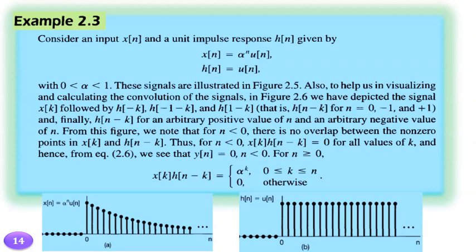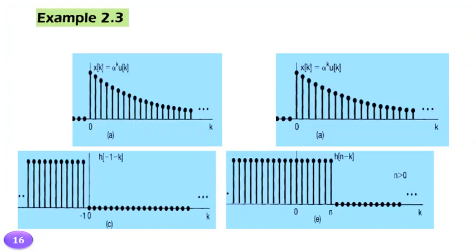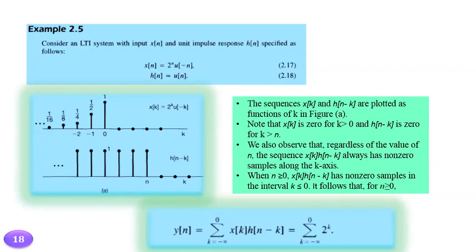I recommend you focus on the normal method of convolution, not the graphical one, because I also told you some tricks in class to make it as simple as possible. It's not a very complicated topic, but it needs practice. So I invite you to practice and make sure that you're very comfortable with convolution.